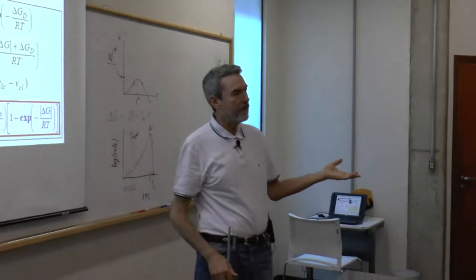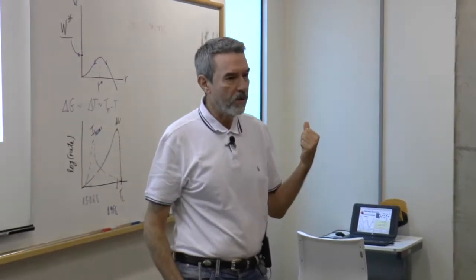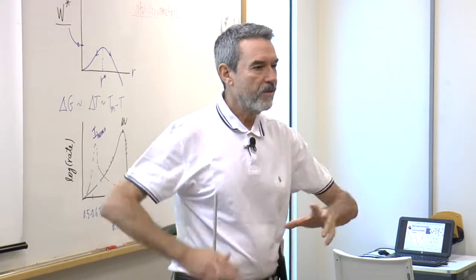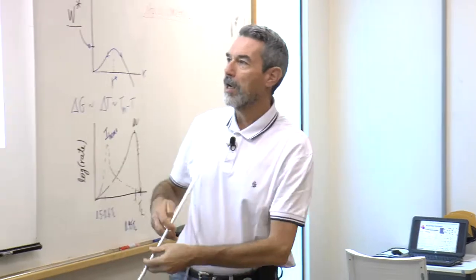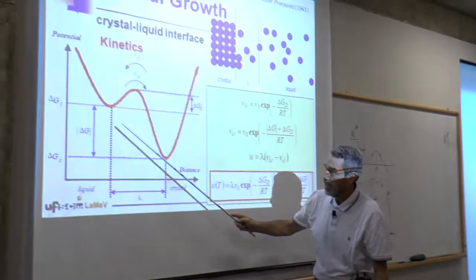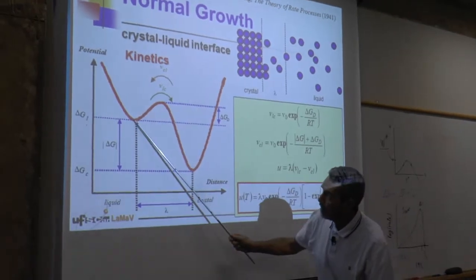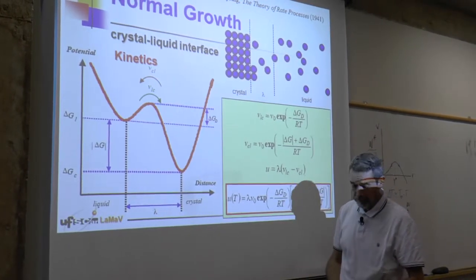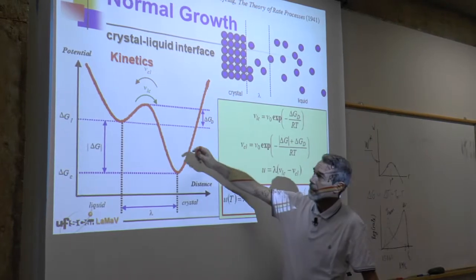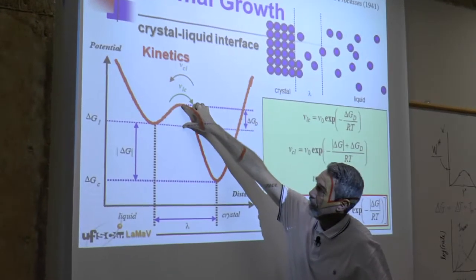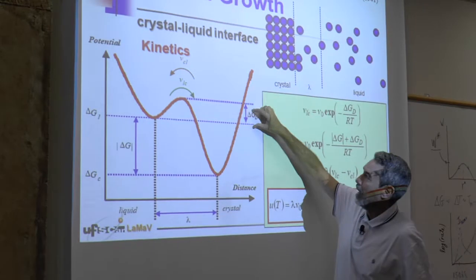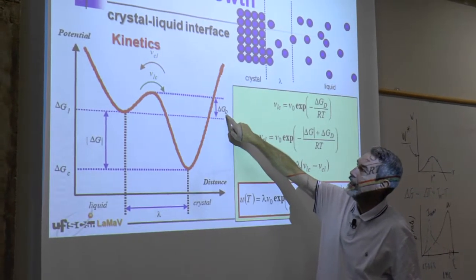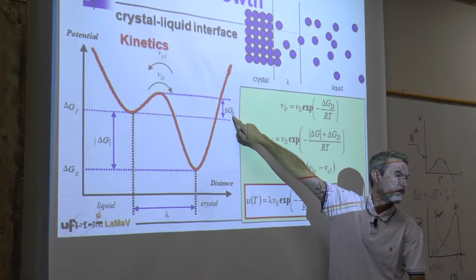This is the same lambda that we have seen in the nucleation theory. It's a jump distance. So the atoms are somewhere arranged in the liquid. Now they are in a crystal. And this is the concept of an activation energy for diffusion, delta G D, of diffusion.